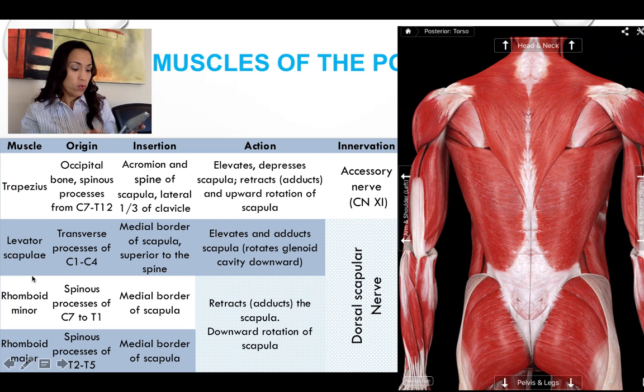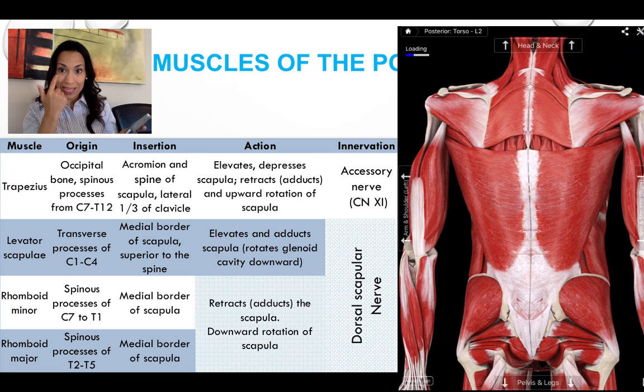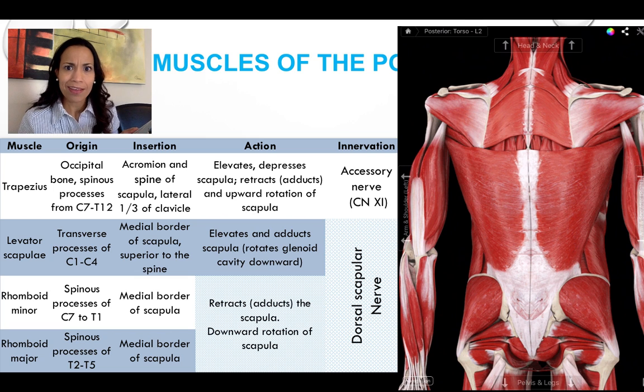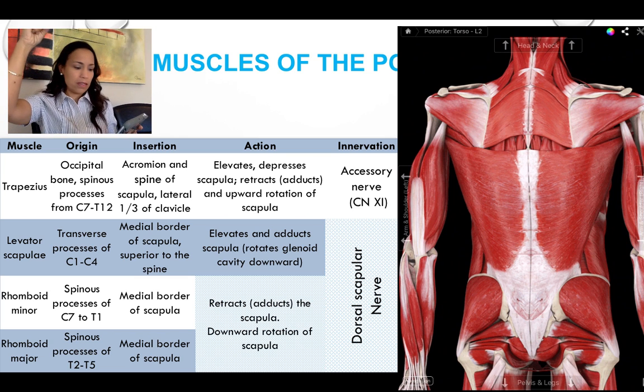Now, next muscle is the levator scapula. I'm going to remove the trapezius so I can see deeper, the levator scapula. And levator is like elevator, right? Elevates the scapula. Can't be easier than that. So where do you think you're going to find a muscle that can elevate the scapula? Certainly not down here, because when you pull it, you're going to bring it down.